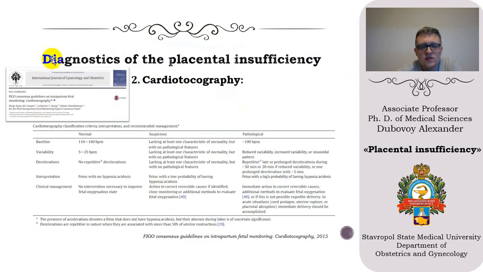There are normal indicators of cardiotocography which indicate the normal condition of the fetus. The presence of tachycardia or bradycardia and changes in heart rate variability may indicate placental insufficiency and show the degree of its compensation.